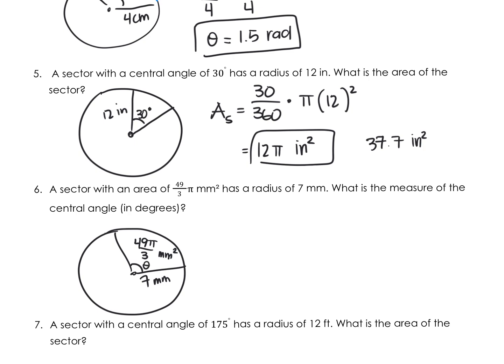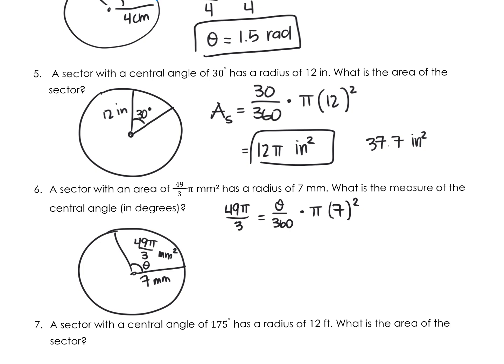Use our formula: 49 pi over 3 equals theta over 360 times pi r squared, with r being 7, so times 7 squared.